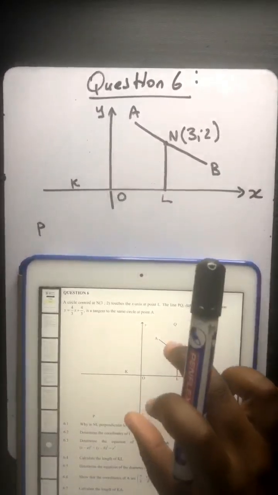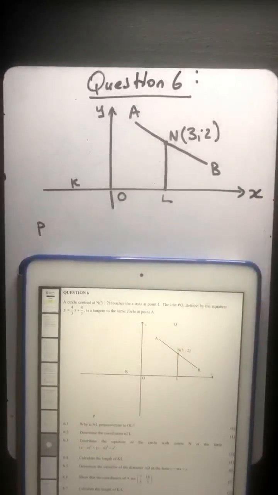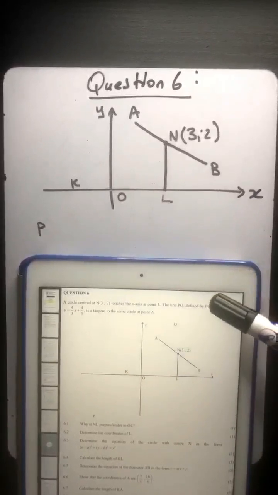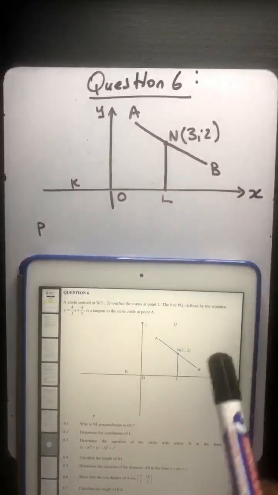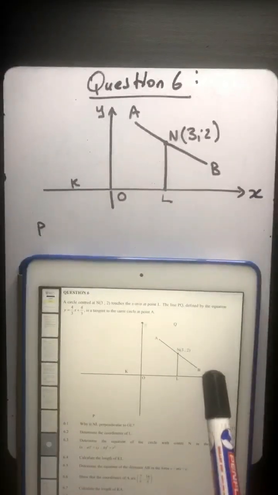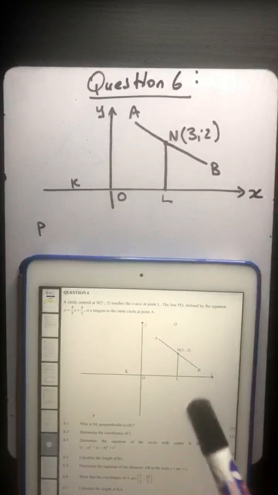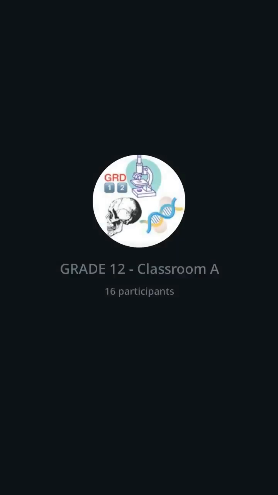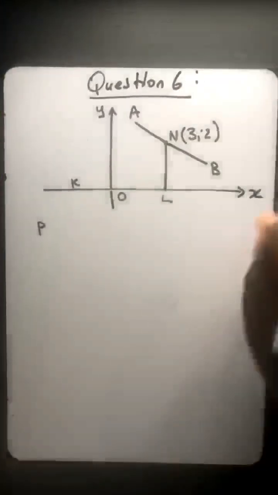Very quickly, I will take you through that given statement, a quick interpretation of that given diagram, and then from there, we will start answering the questions. So very quickly, I will just read there.